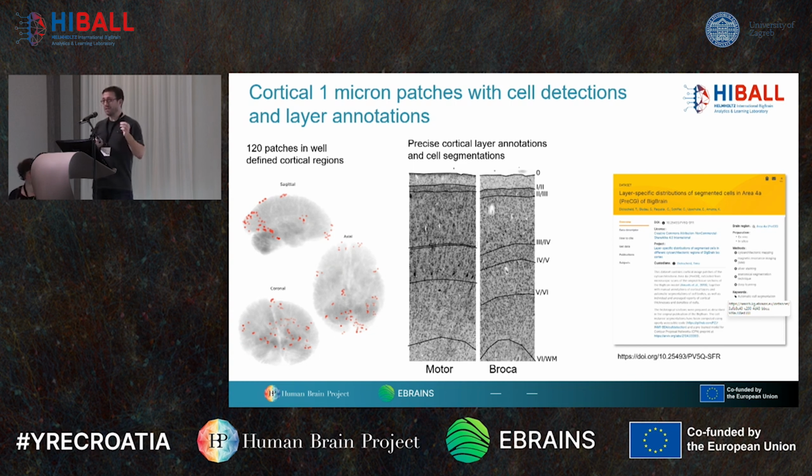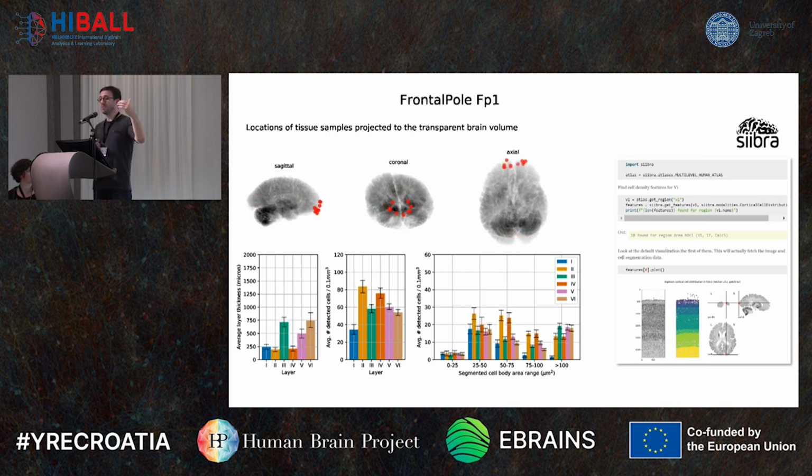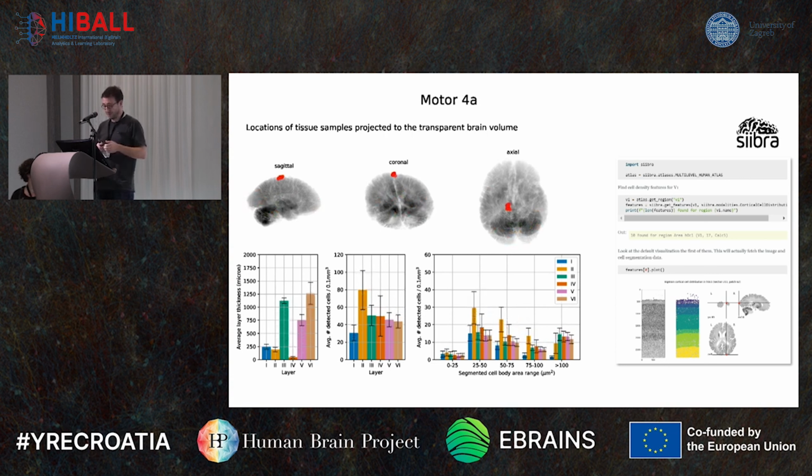And we tagged those patches exactly with the brain regions where we found them, so that in the end you have now linked to the atlas a set of multiple such patches for the different brain regions, and you can easily retrieve such information as how many cells did we find per layer, what was the distribution of the areas of those segmented cells in the different layers, and we can nicely see things that we know from the literature, for example, the high density in layer 2 that we often see, but we also see information there that was not as easily accessible in the literature in the past.